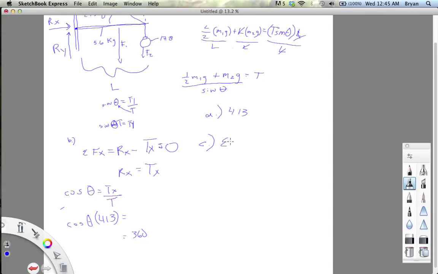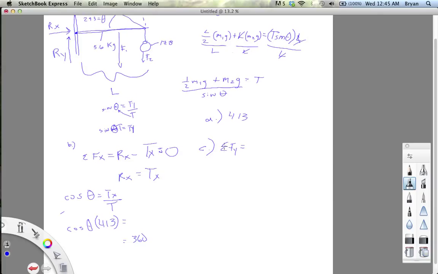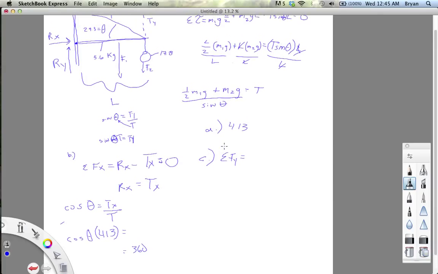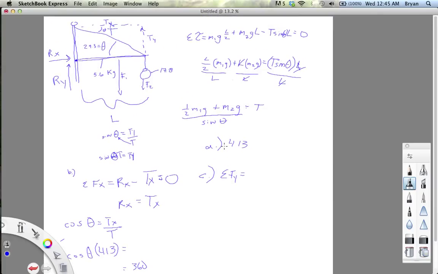And it says the sum of forces in the y direction, right? Sum of forces in the y direction, well, there's a few more, remember? But still, if we're just looking at forces, we're not looking at torques. It's just forces. So we'll write these out. M1G plus M2G.